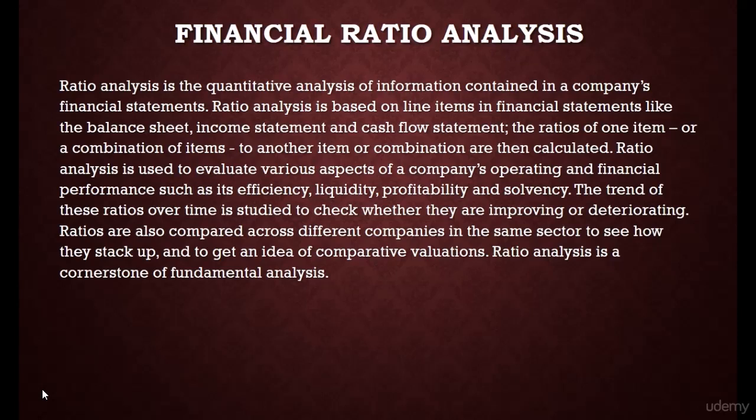Ratio analysis is used to evaluate various aspects of a company's operating and financial performance, such as its efficiency, liquidity, profitability, and solvency. The trend of these ratios over time is studied to check whether they are improving or deteriorating. Ratios are also compared across different companies in the same sectors to see how they stack up and to get a comparative idea of valuations. Ratio analysis is a cornerstone of fundamental analysis.